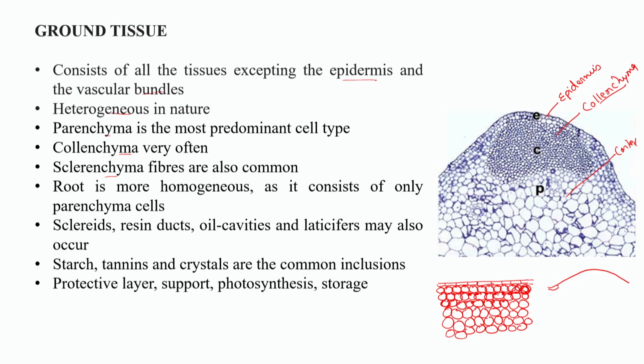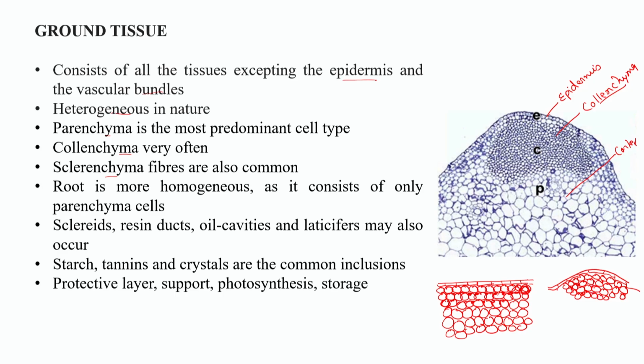As you can see here, this is the epidermis, and you will have collenchyma. Now this type of arrangement you can find in those parts of a plant which can have a somewhat wavy margin, like some ridges of the stem. Sometimes you might have observed that some stems have wavy margins.